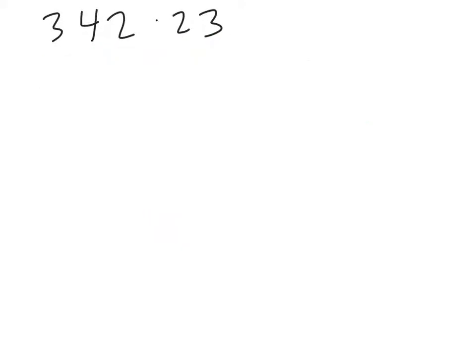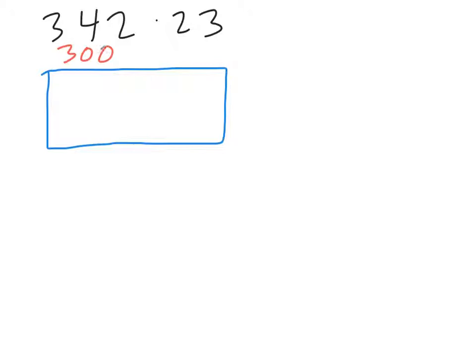Now there's a different way to do this, and that's geometrically. So let's take a rectangle. And so let's break up 342 and 23 like we did before. So we have 300, we have 40, and we have 2, and over here we have 20, and we have 3.